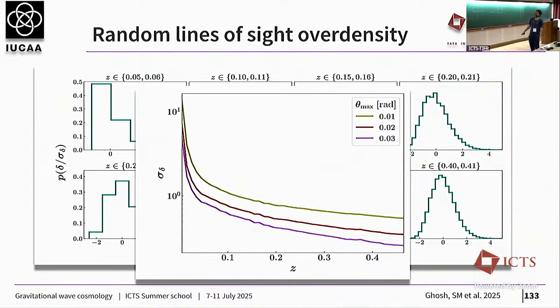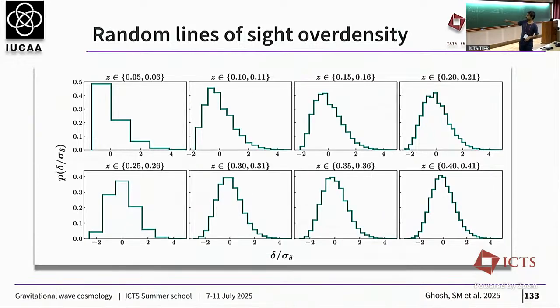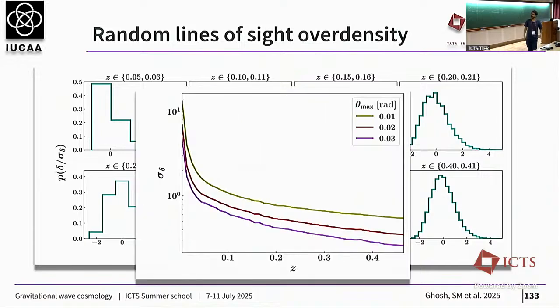This is because there's more volume as you go to higher and higher redshifts, and if there's more volume, then you expect less variance because everything looks basically centered around 0, right? If you sample larger and larger volumes, you are expected to see a distribution which is closer to 0 and tighter in this particular space. So that's what you see.